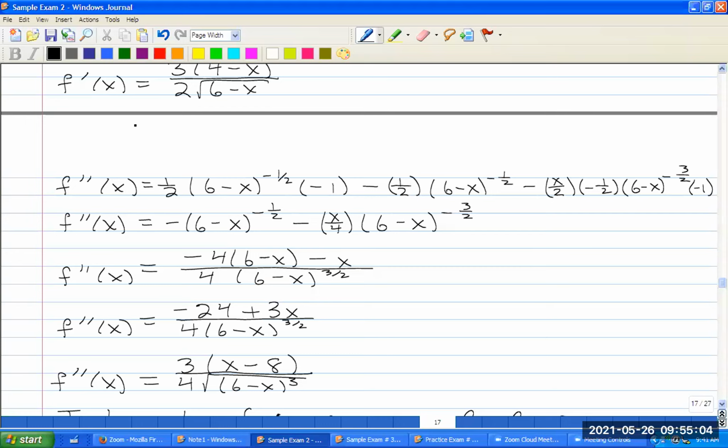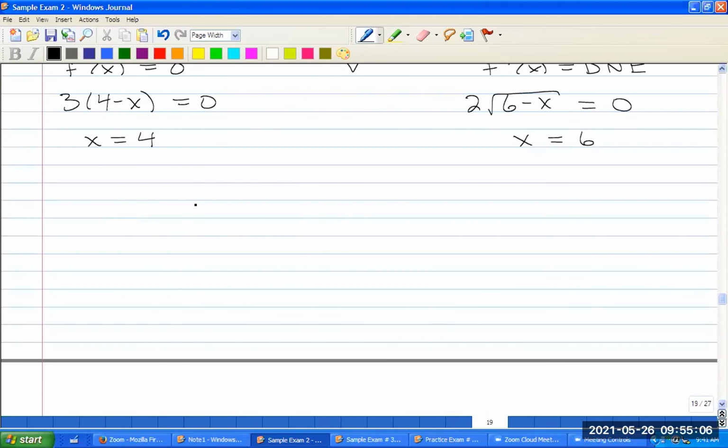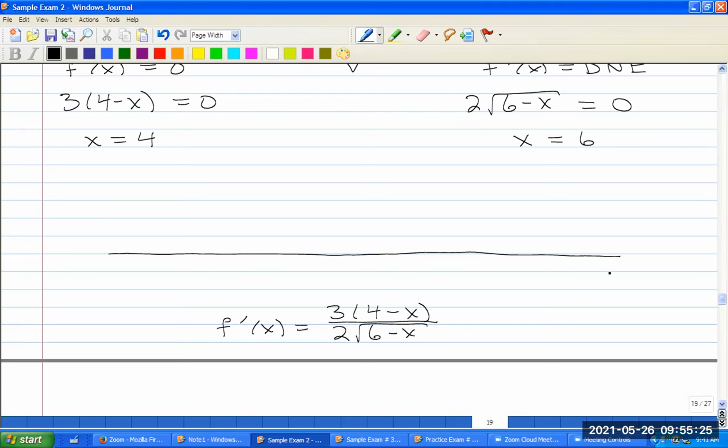Okay, let me write the derivative down. Hopefully I can erase it once it gets on here. Okay, so 4 and 6.